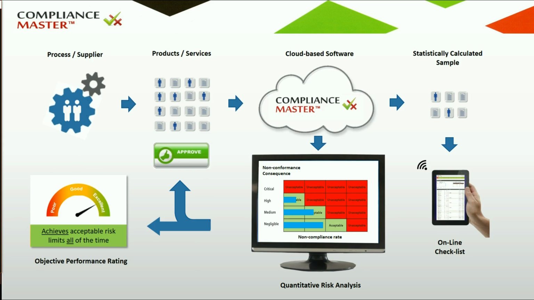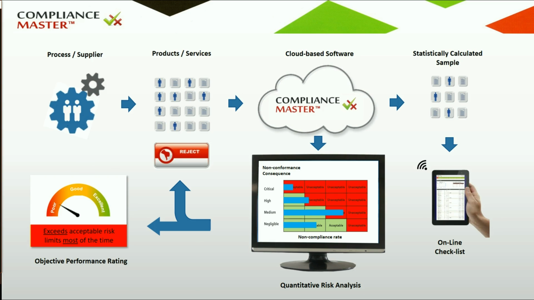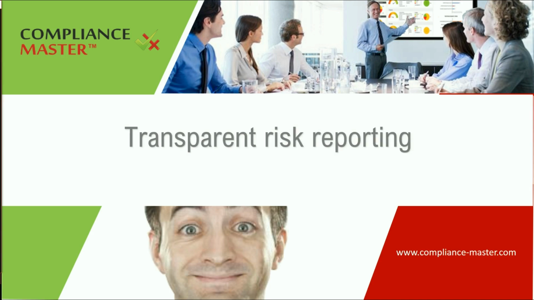Should it achieve or better these limits, all of the time, it will be assigned an excellent performance rating. Conversely, should it exceed these limits, most of the time, it will be assigned a poor performance rating. Individual process and supplier performance information is then aggregated and displayed in a series of user-friendly performance dashboards and configurable reports.